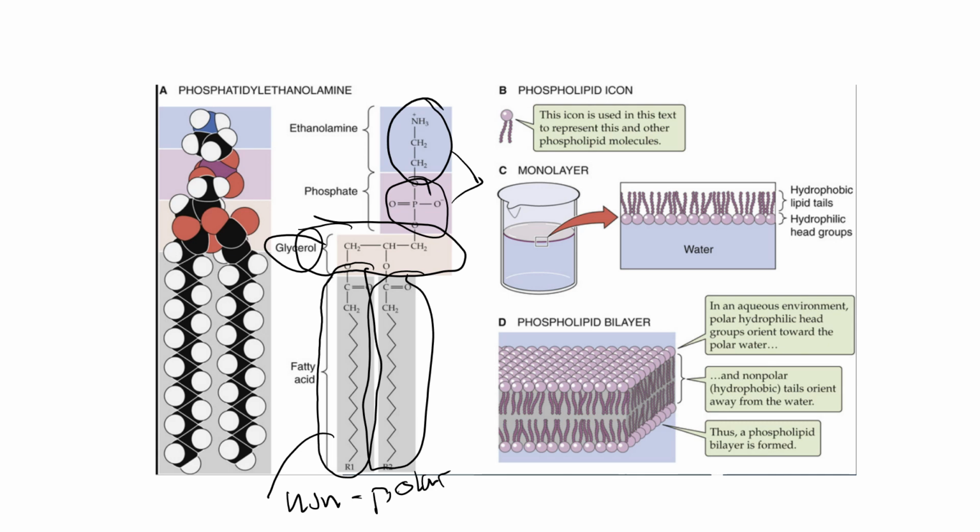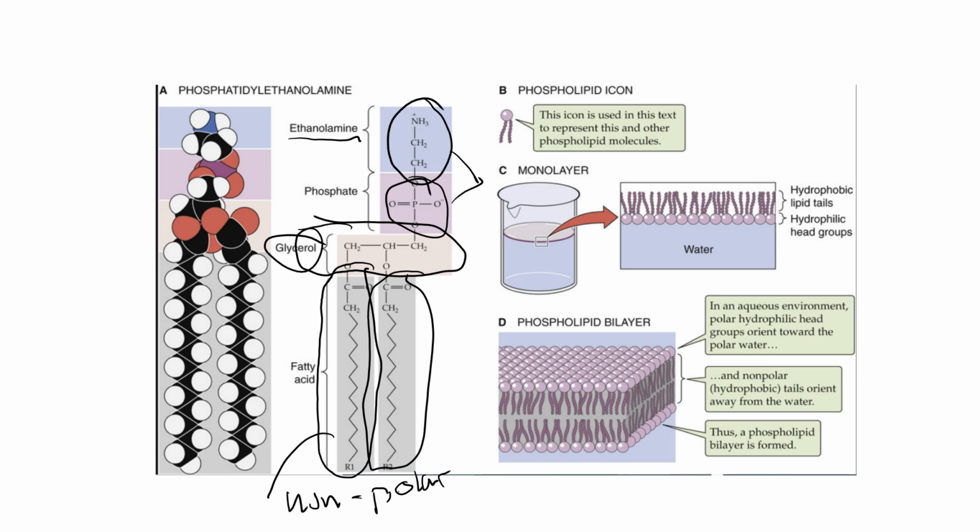Now, here's what we know about the head group. The head group is either an ion or a polar molecule, right? So the head group is always charged. In this case, the most common actual head group is what's called ethanolamine, and ethanolamine is actually an ion. It's a positive ion. It's a molecule that's actually an ion.